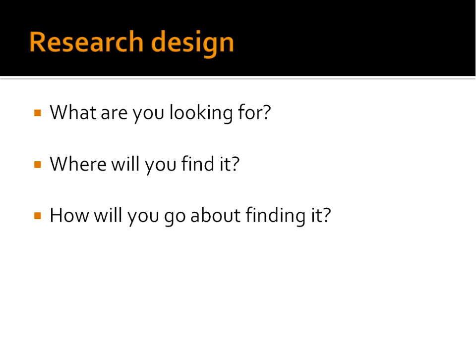I've identified places where I will discover this information. Okay, great. Where do you go to find those sources? And so you have to think about things like, I go to the library card catalog, or I have some books on my shelf, or I go to this particular electronic database.